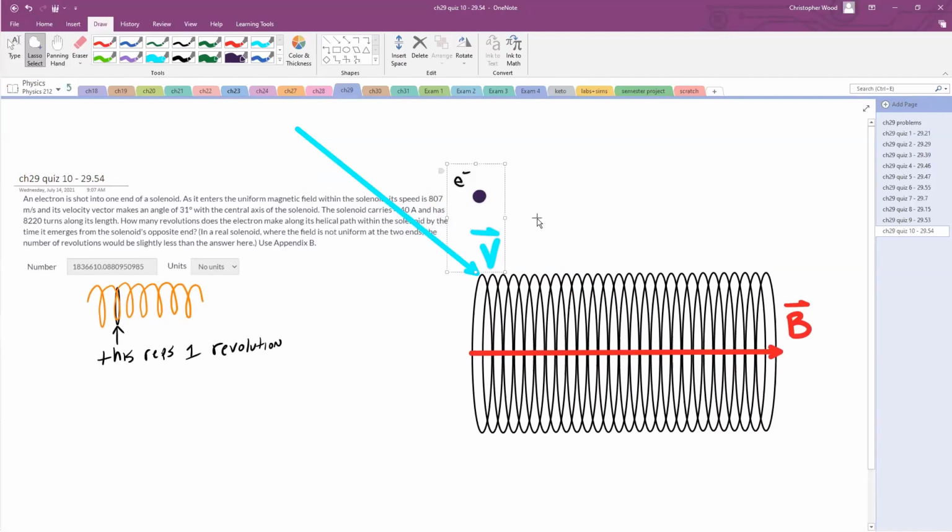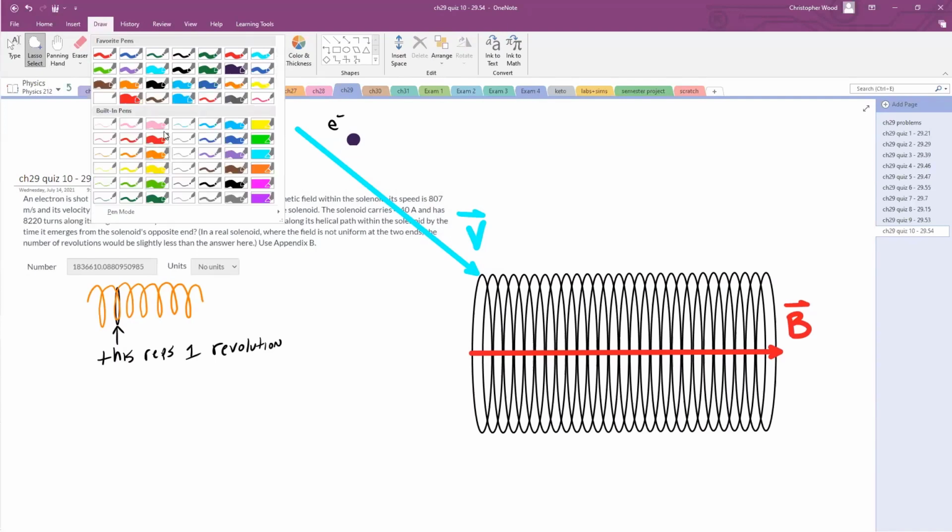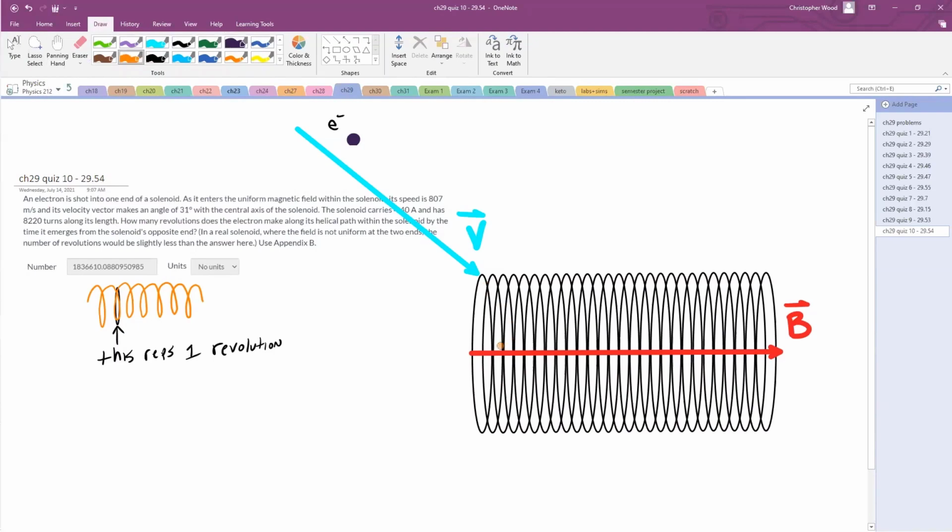The electron is literally traveling along the entire length of the solenoid, like that. Okay. So the question is, how many of those revolutions happen from the very beginning to the very end? And then again, the electron is going to enter and then start corkscrewing. Good enough. One more time.